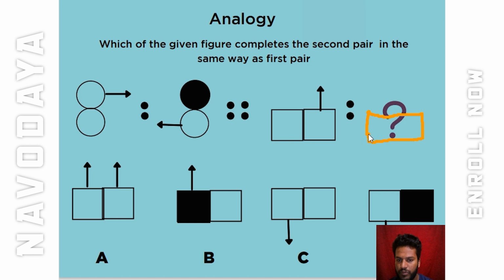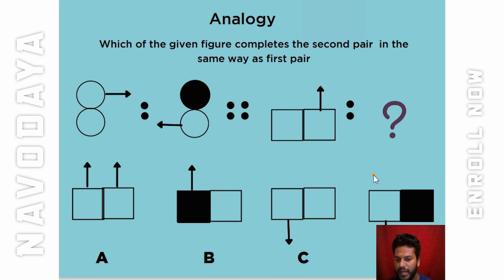The right side figure is already showing the upward direction. We need something on the left side that shows downward. One is shaded out. In the first figure, the direction is completely shaded, and here we observe from bottom to top the direction.